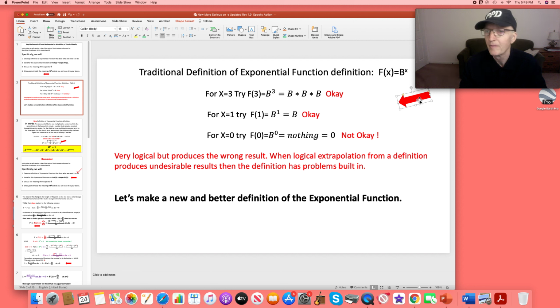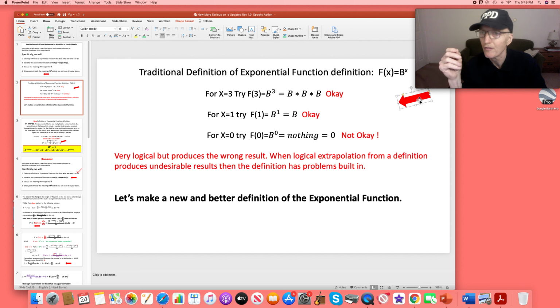But when I ask them, well then what's f of 0? You know, b to the 0, what is that? And let's see what we got. They give me an answer typically that doesn't help much. It's not really correct, and makes me think that there's something wrong in the way that people interpret a definition.